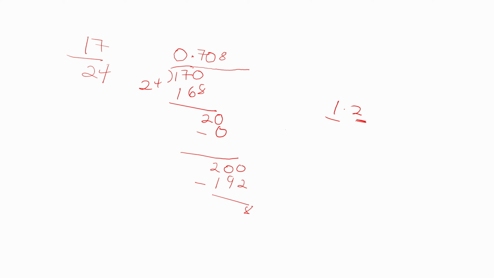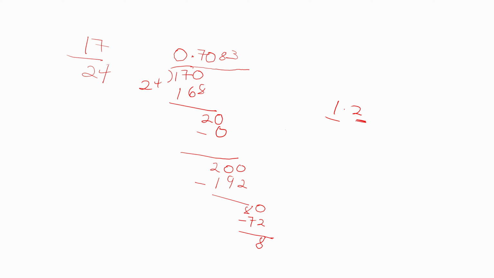Do you see that? Now 24 cannot go into 8, so we'll bring another 0 down here. Can 24 go into 80? Yes. 24 times 3 will give us 72. So 72 here and 3 here. We subtract again, and we have 8.